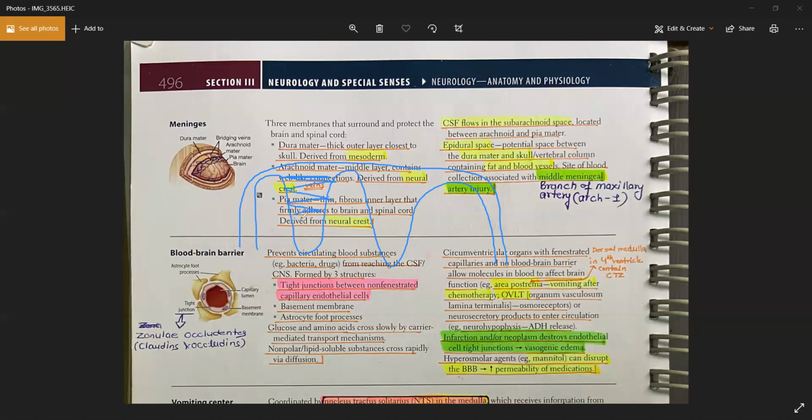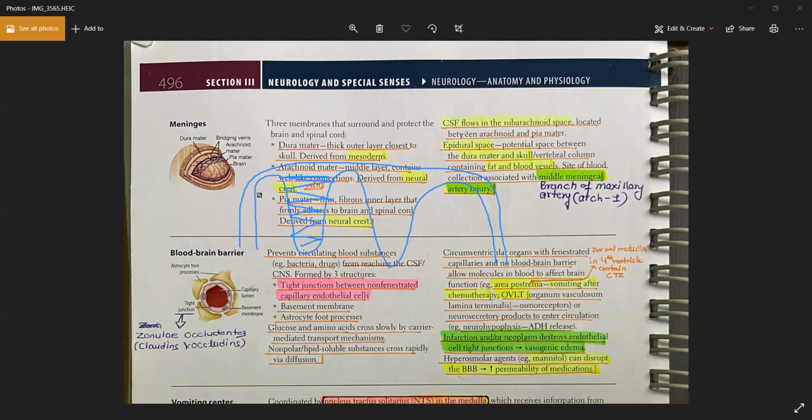And because the CSF also runs in the subarachnoid space, you get blood mixing in the CSF too. Whenever the vessel ruptures and the blood flows out, you will get inflammation against the RBCs and hemolysis of the RBCs, right?